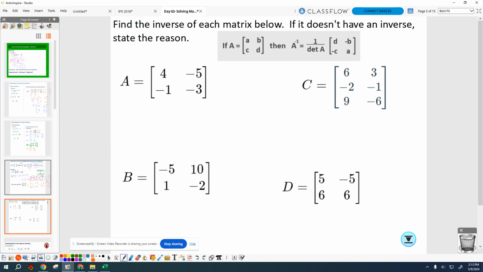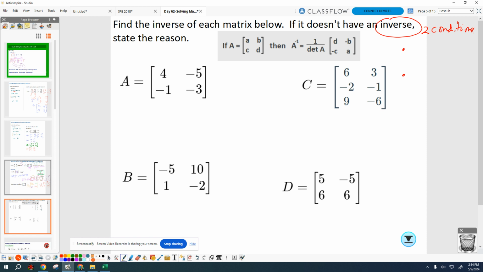So first thing I want you guys to do on these 4 things, not all of them have an inverse, first of all, but I want you to find the inverses of those that you can. There were 2 conditions to have an inverse. Anybody remember anything?